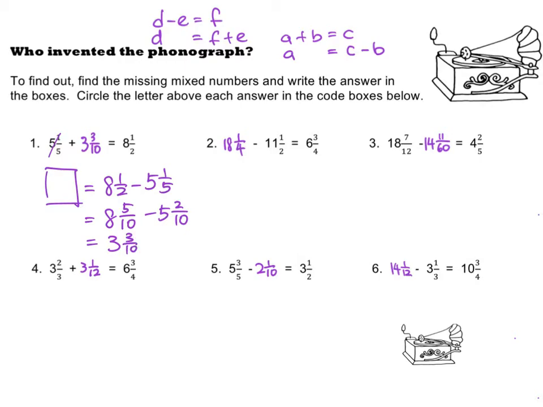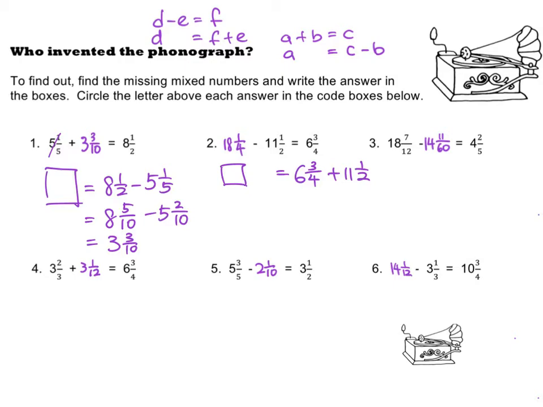So for the second one, you know that the question mark, or the blank, minus this number will give you this. So if I plus this number to both sides, I will get rid of the 11 and 1/2. So I will get 6 and 3/4 plus 11 and 1/2.